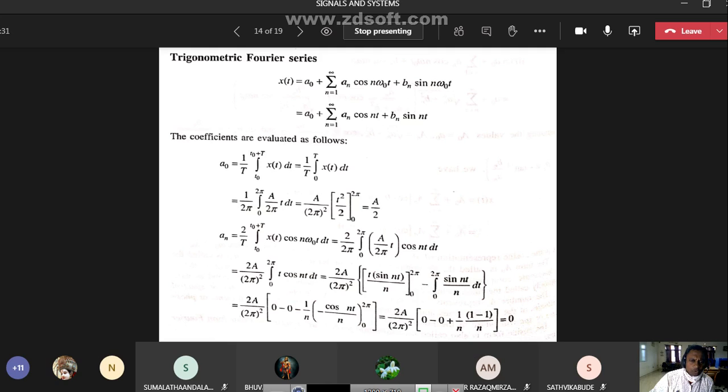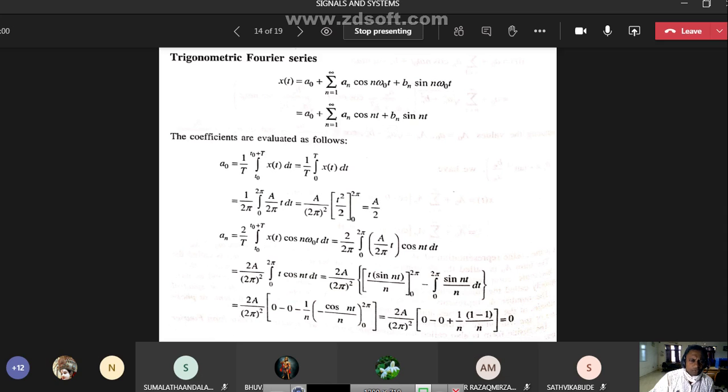So therefore 1/2 pi integral 0 to 2 pi, and x of t is A by 2 pi into t, dt. Now A is constant, you can bring it outside. 2 pi is also constant, you can bring it outside. So A by 2 pi whole square, and what is the remaining thing here? t.